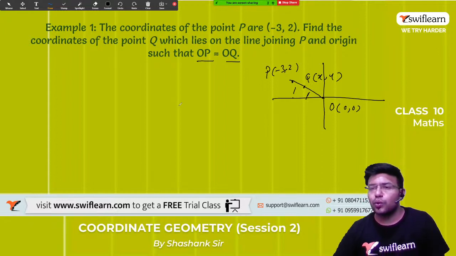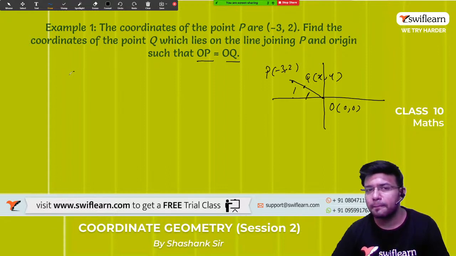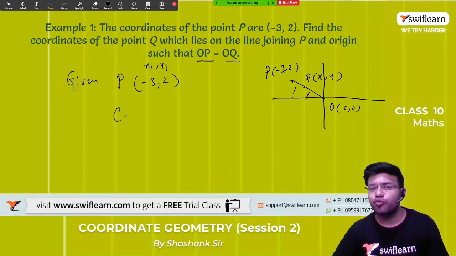Okay, so let us find this. Okay, what is given? Given P is coordinates of P is minus 3, 2. Okay, let this be x1 and y1. Okay, coordinates of point O, how much is that? 0, 0. ठीक है.